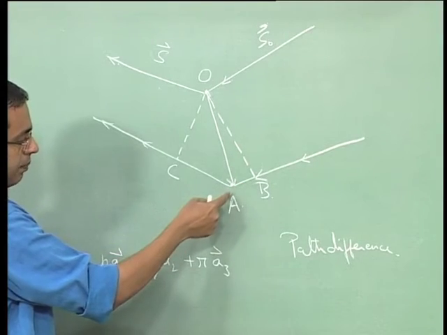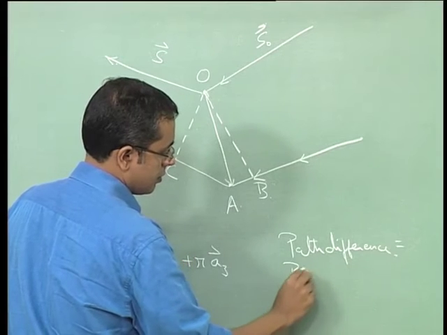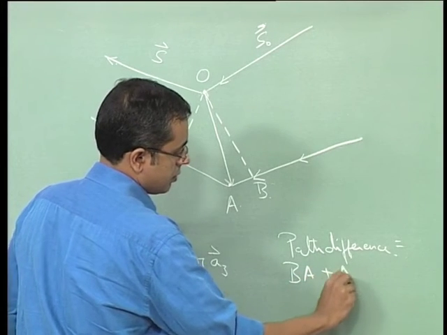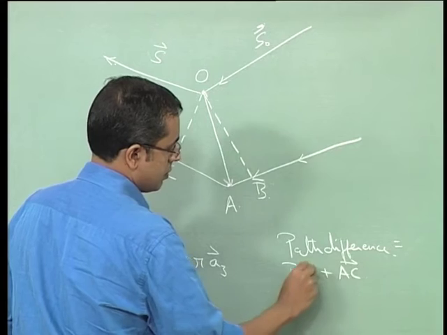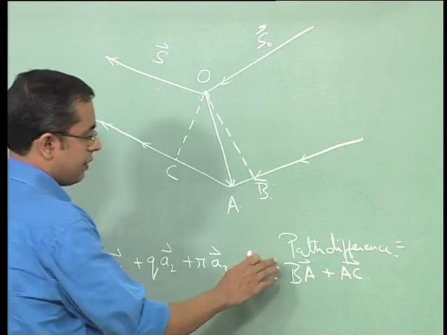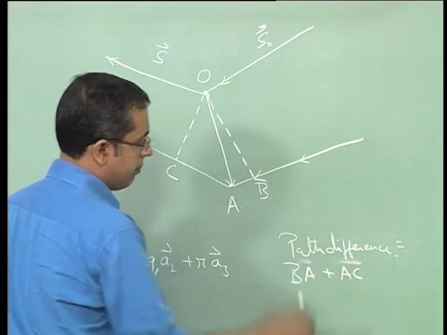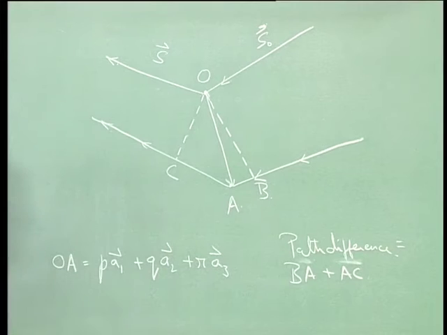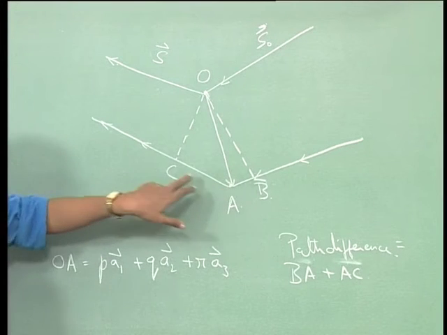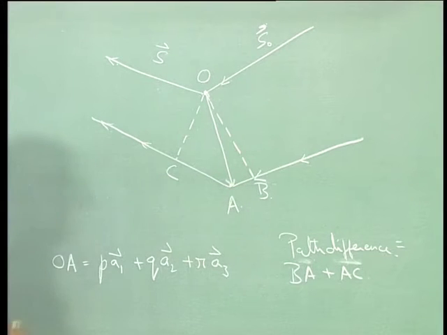This is BA plus AC. We want only the modulus at this stage. So BA plus AC is the additional distance that is being travelled by this second wave.